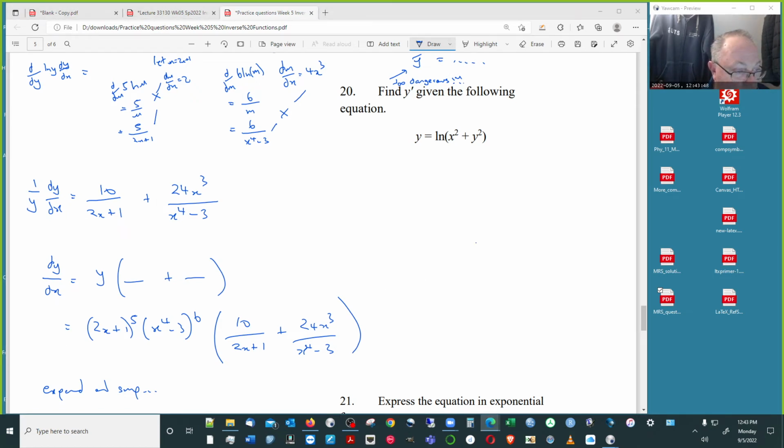Alright, so the ln of x squared plus y squared. What are we doing with this? Just implicit straight off.